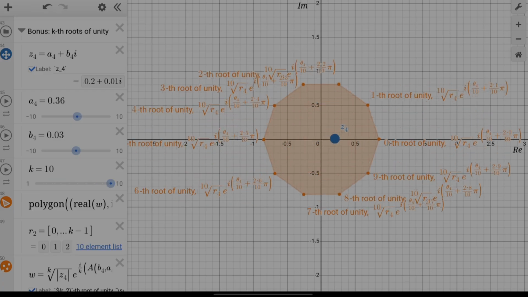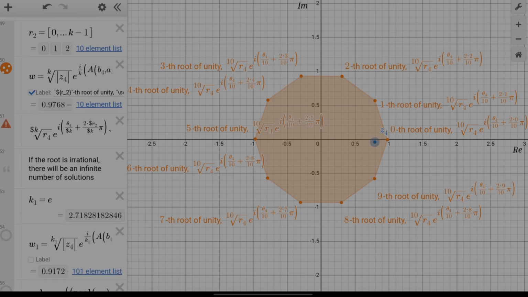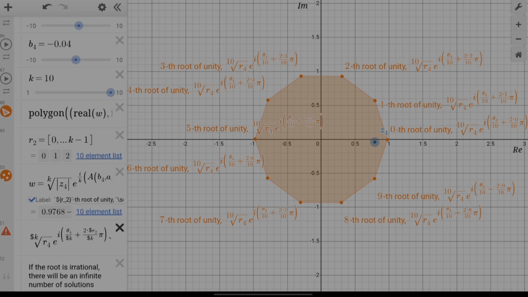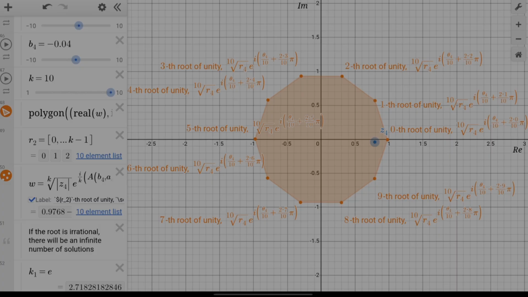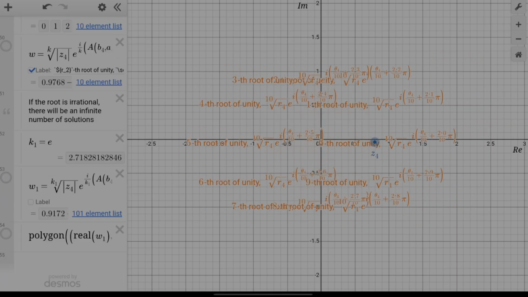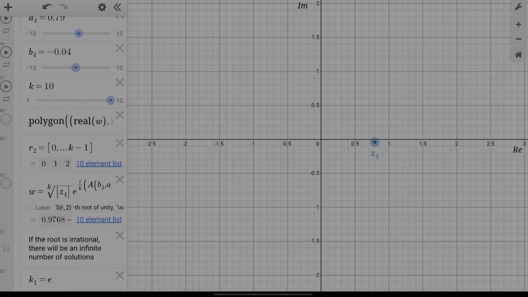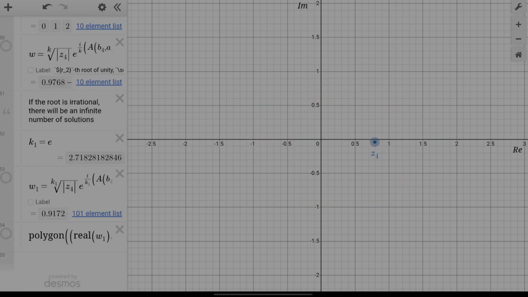Okay, and at this point, I would also like to mention another thing, because you see, when we have an irrational power, then it also gets affected. I mean, the argument and the plus 2 pi k part.